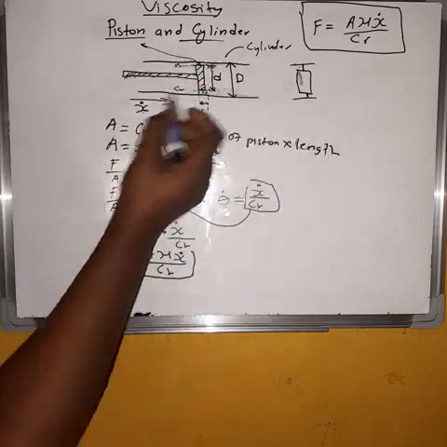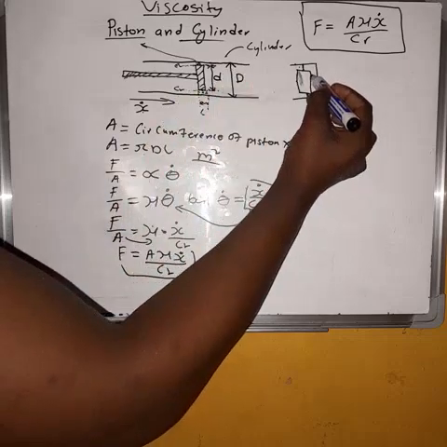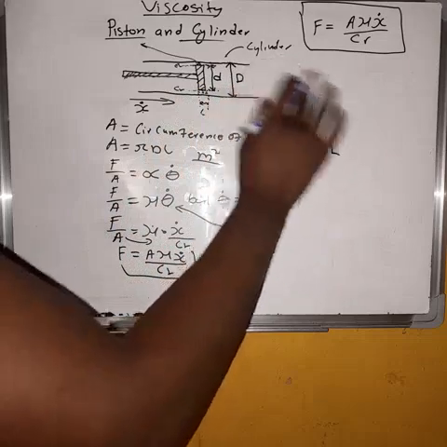So how can you get this space? We know the sizes: we have D and then small letter d. How can you calculate the clearance?